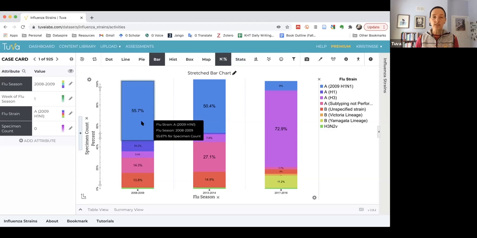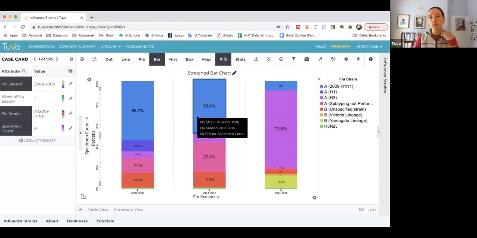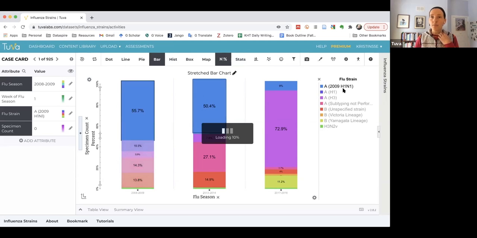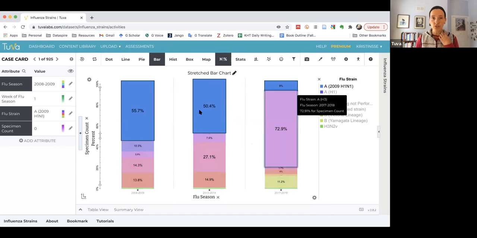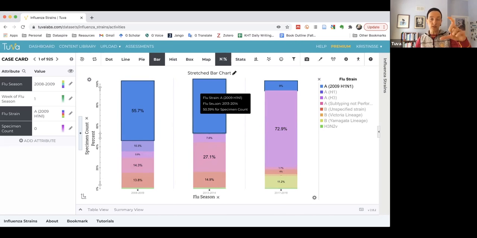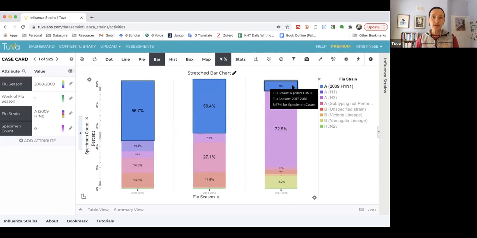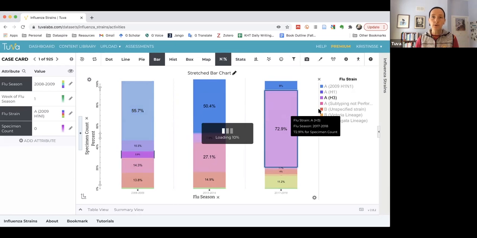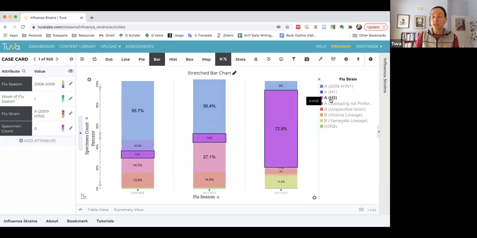In the 2008-09 and the 2013-2014 seasons, it looks like the 2009 H1N1 strain was the most prevalent, taking the most space, but not in 2017-18. It was present, but it wasn't the most prevalent. Instead, what was most prevalent was strain AH3.